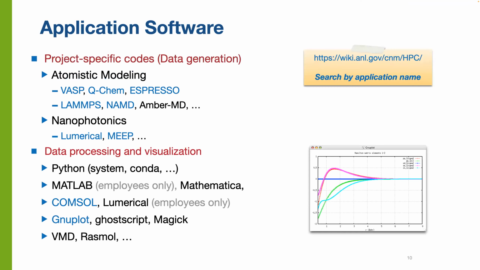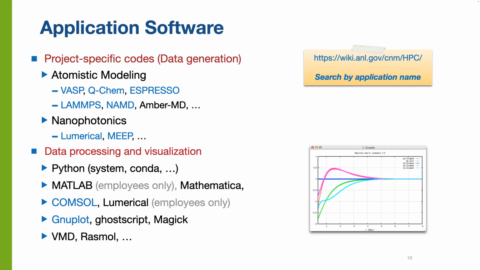So now, in terms of application software, we have on Carbon a lot of project-specific code. I listed a few here. Quantum chemistry applications, density functional applications, nanophotonics, also a big deal.